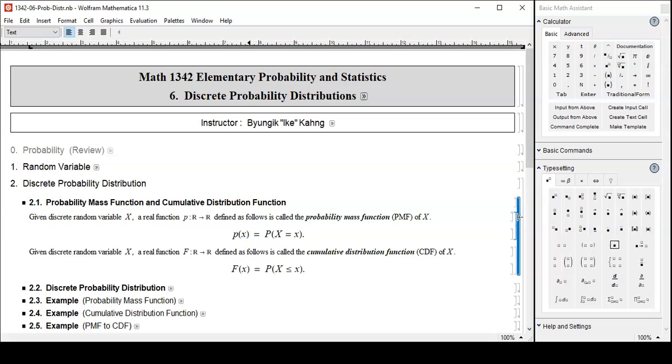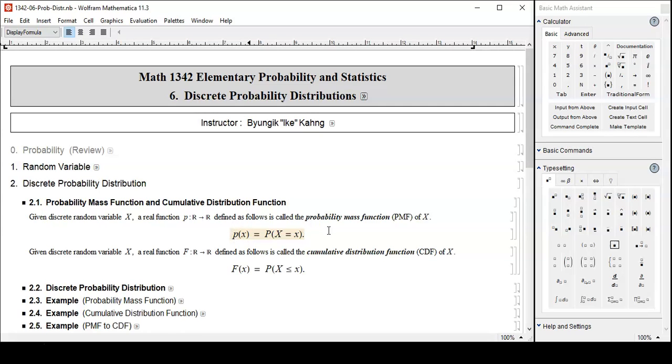And that's my definition. Now, what is this probability mass function and what is this cumulative distribution function? We're going to come back and discuss these in a moment. For now, let's be satisfied with some terminologies. You see, this expression is a well-defined expression.